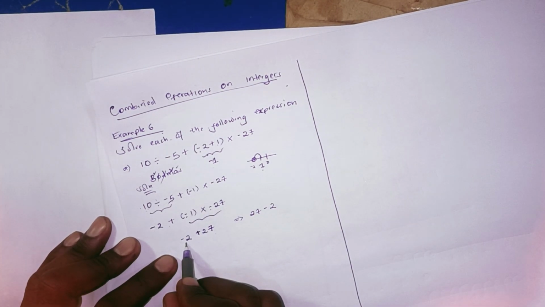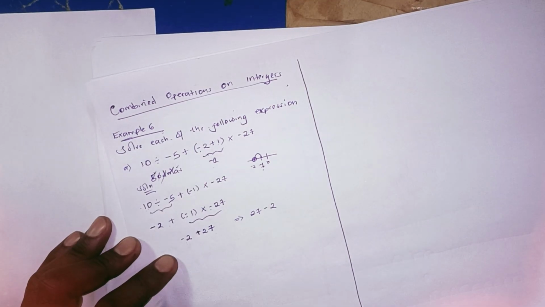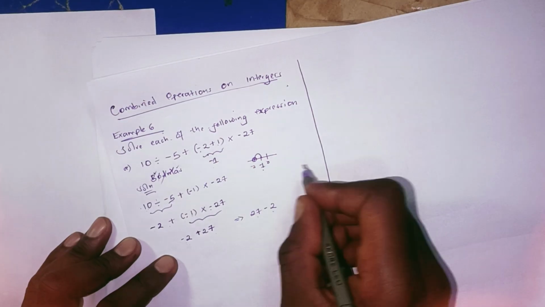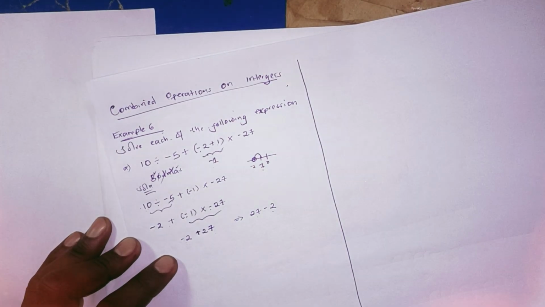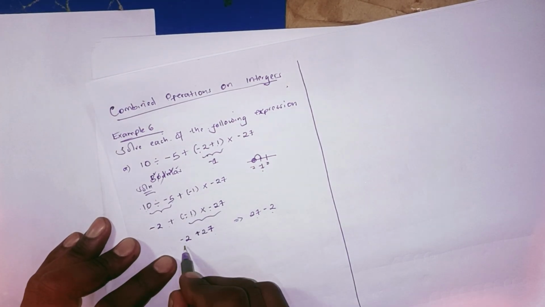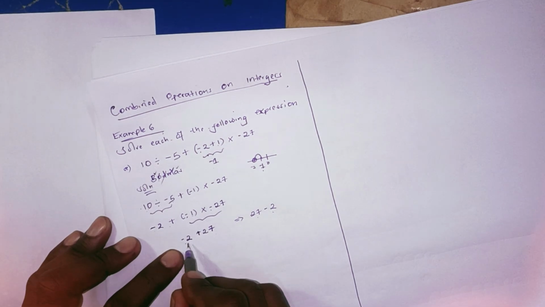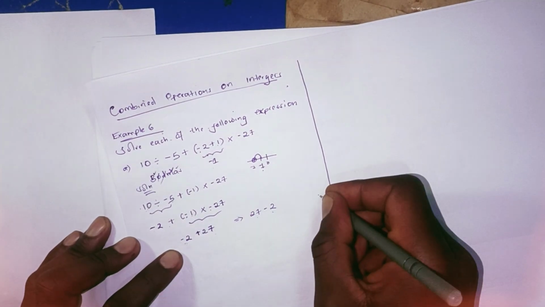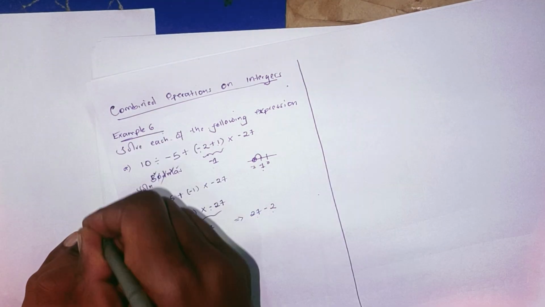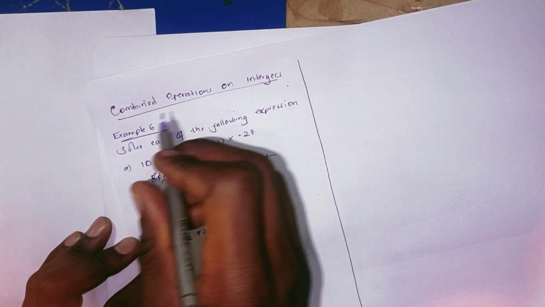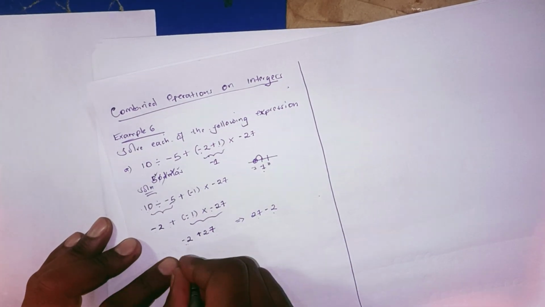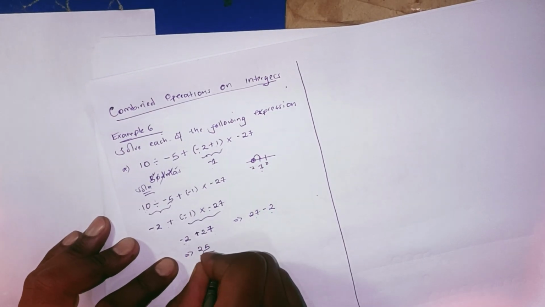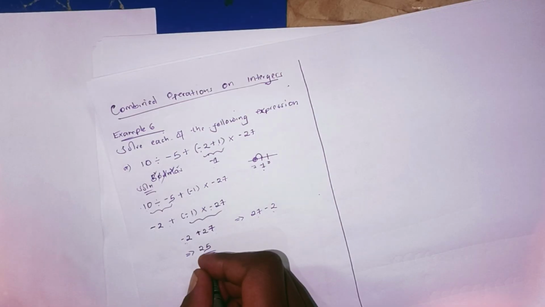When I write 27 minus 2, I get 25. The same way, when I stand at 27 on a number line and move 2 negative steps, I get positive 25 as the answer.